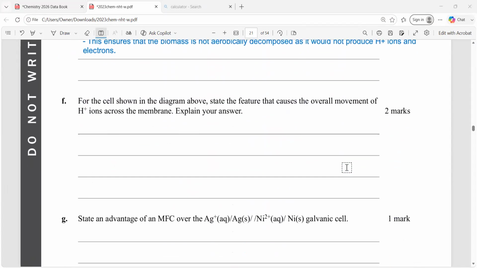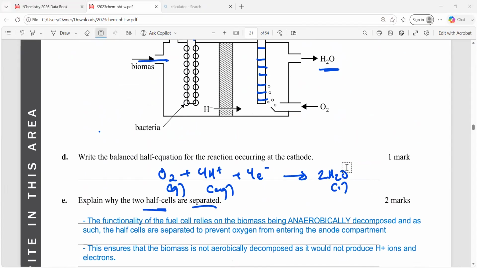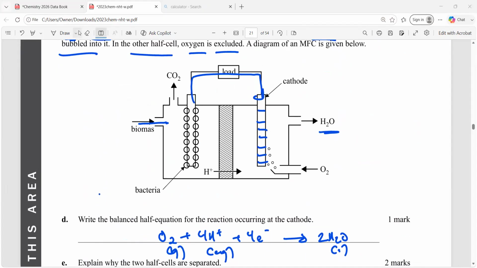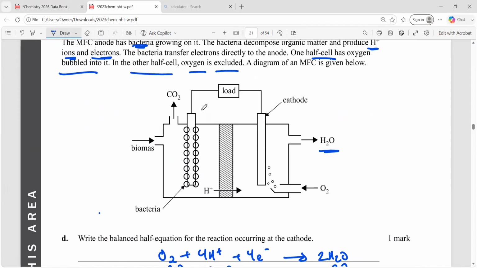As I was saying, another aspect that's really important to consider is that for normal fuel cells, the very reason this is able to produce electrons is because they've been separated. Because if there was no separator mechanism here, then biomass and oxygen would directly react, and that would produce heat energy instead of electrical energy.